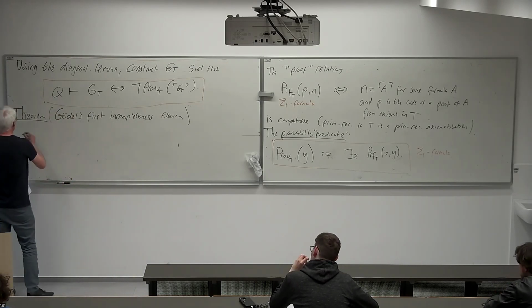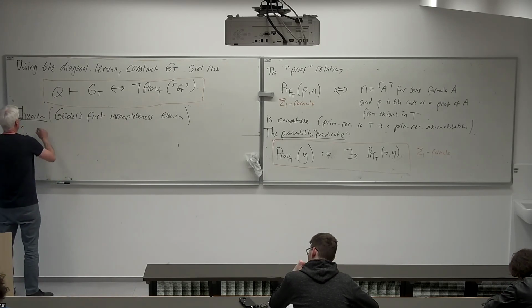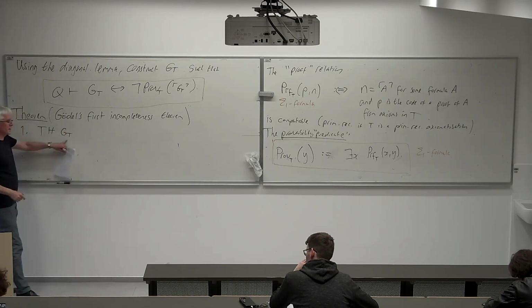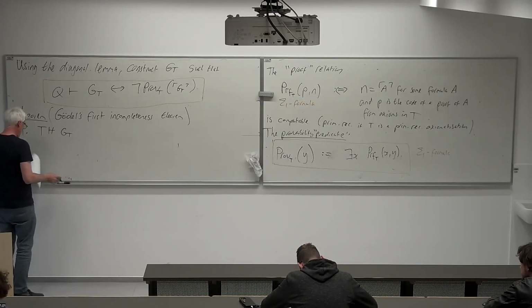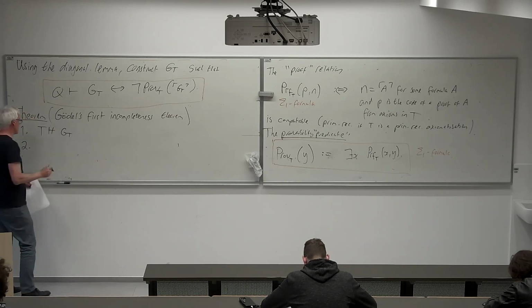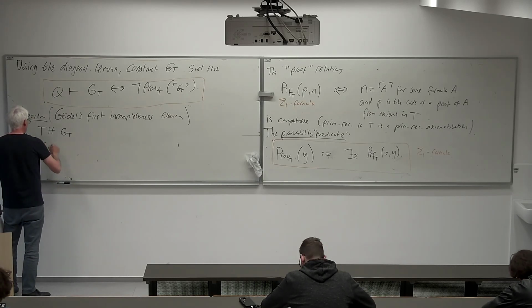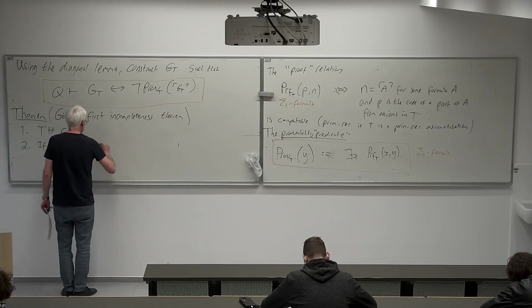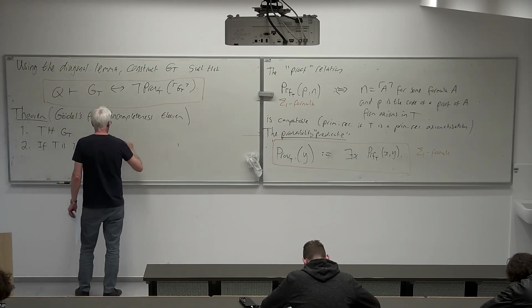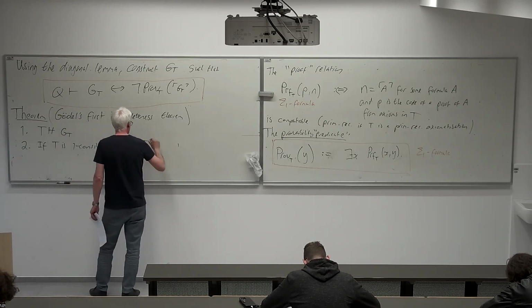Then three properties hold. Firstly, the Gödel sentence is not provable. Secondly, as long as T is one-consistent, so it only proves true sigma-1 sentences, then the negation of the Gödel sentence is not provable either.